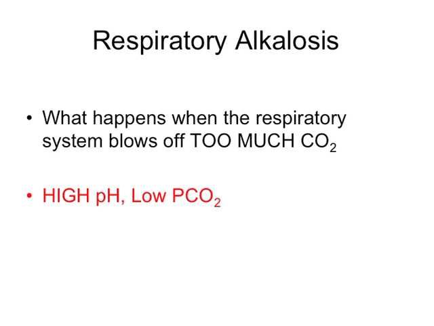It's characterized by a high pH, remember that would be a pH greater than 7.45, and a low pCO2, because the carbon dioxide level is what determines the acidity in this clinical case.